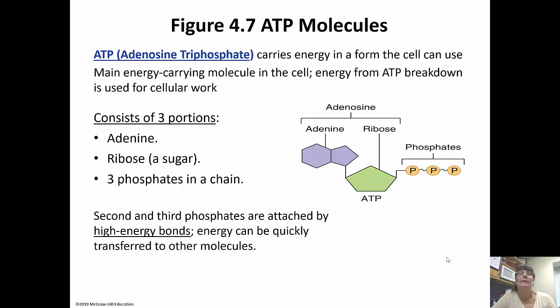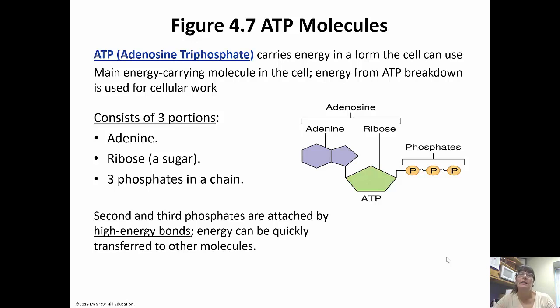So ATP, as I just said, this is generated from cellular respiration, actually carries energy in a form that the cell can use. So ATP is known as the currency of the cell because it's the energy of the cell. So ATP is adenine, which remember is a base, a nitrogenous base, ribose, which is a sugar, and then 3 phosphate groups attached to it.